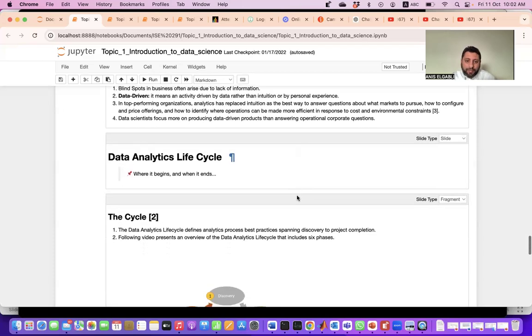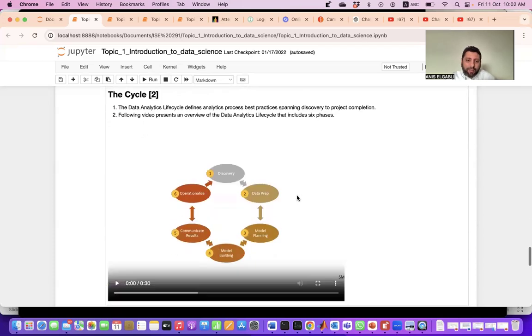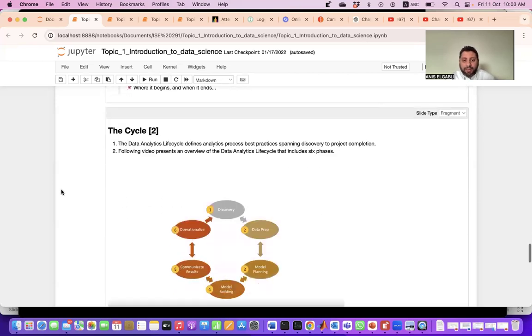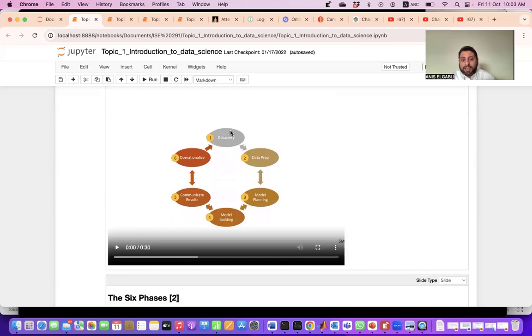So now I will come to the data analytics life cycle. You start with data discovery. Here you need to define your task or problem, and you need to get to know your data. Then you need to prepare your data very well. Data will not always be ready to feed to your model. Most of the time it will have issues: there is missing data, there are duplicates, there is noise, there are outliers that may affect the performance of your model.